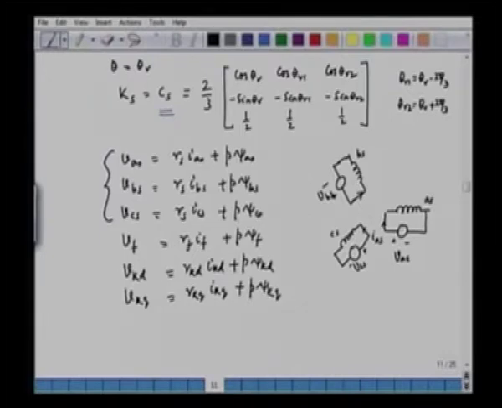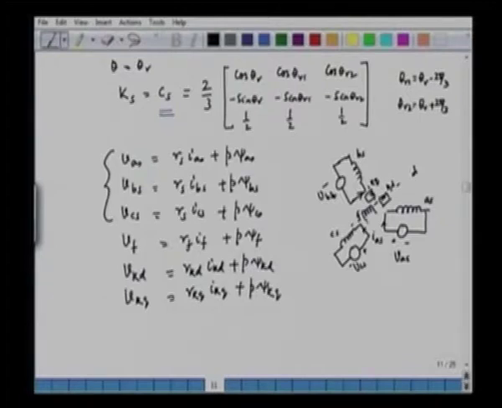And the rotor in this case has a field winding. We have a field winding, this is the rotor D axis, and we have a damper winding here, and in the Q axis we have a damper winding. So, this is KD, the D axis damper winding, and this is KQ, the Q axis damper winding, and this is the field winding.